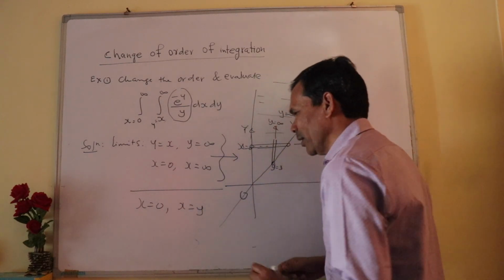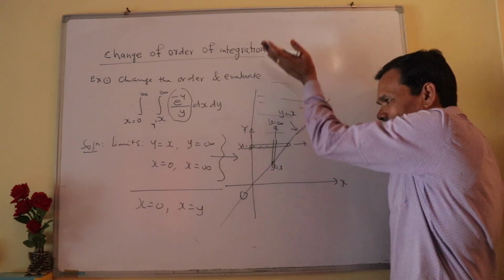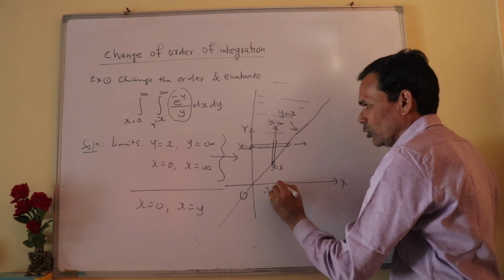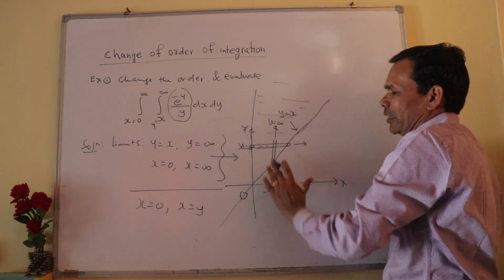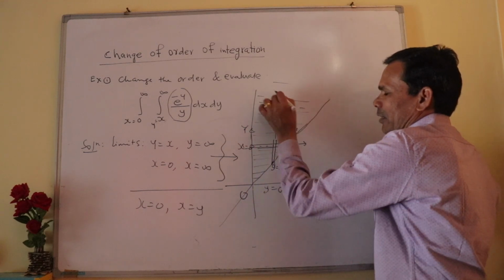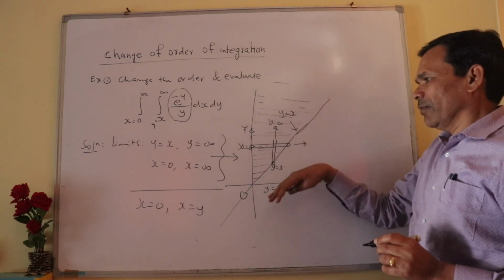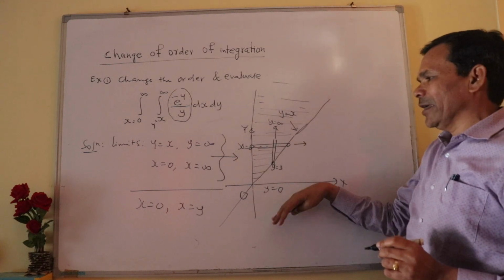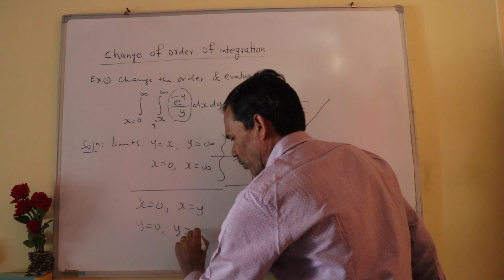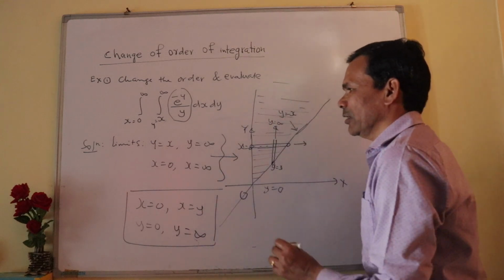Then you move the strip vertically from y is equal to 0 to y is equal to infinity to cover the region, collecting strips of width dy. So these are the limits you get after changing the order of integration.